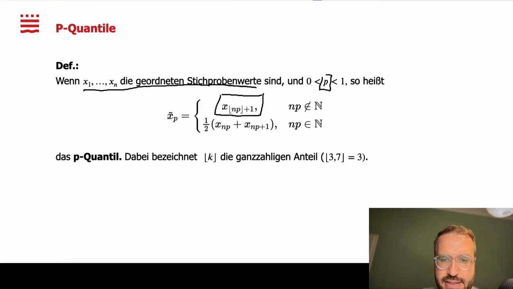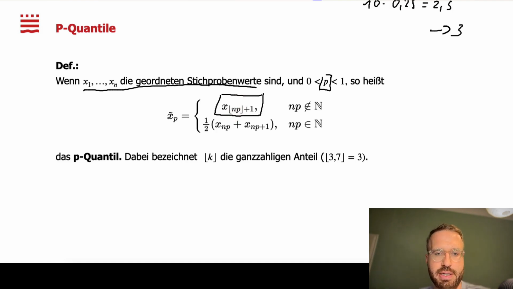So we calculate n times p, which in this case was 10 times 0.25, and that did not yield a whole number. It was 2.5. What we then do is round up, which becomes 3, and that is nothing other than what is stated in this index. Here it is a bit more complicated. It says n times p, and then there are these brackets. Yes, these brackets, those are rounding brackets.